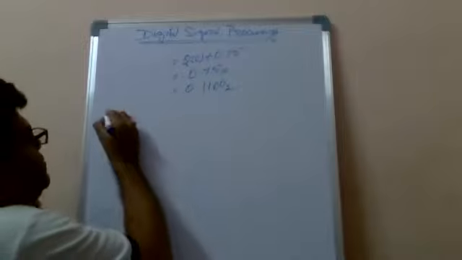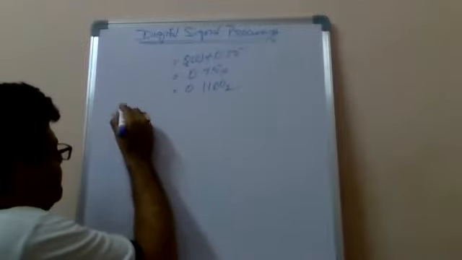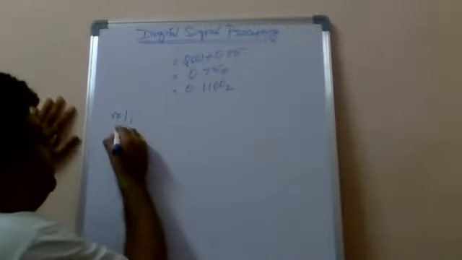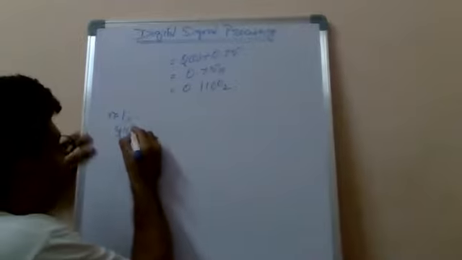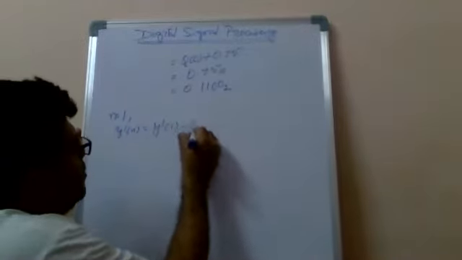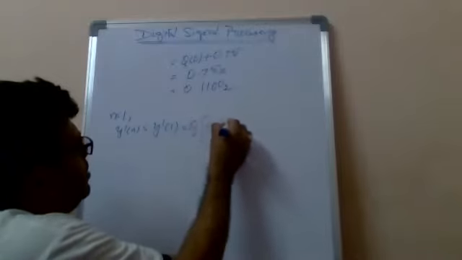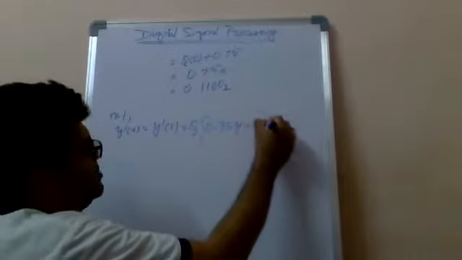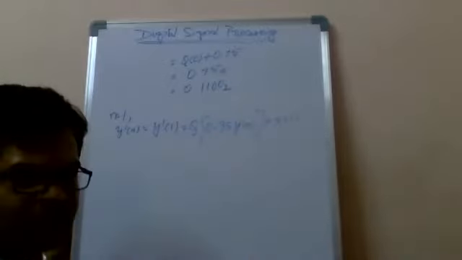Now the second case, when n equal to 1. Your y dash of n equal to y dash of 1 equal to 0.95 y dash of 0 plus x of 1.